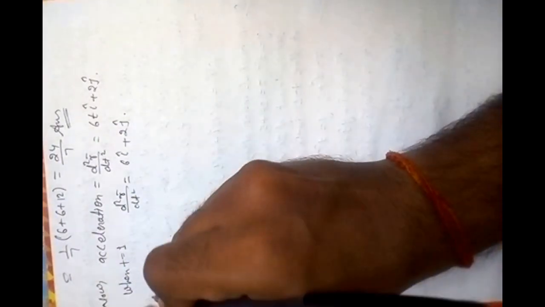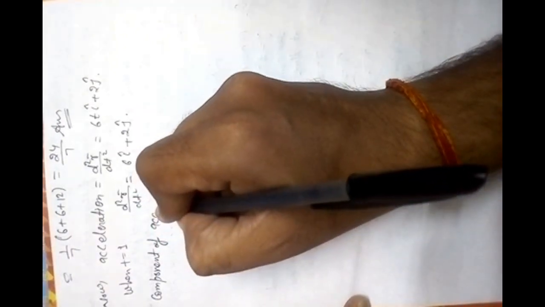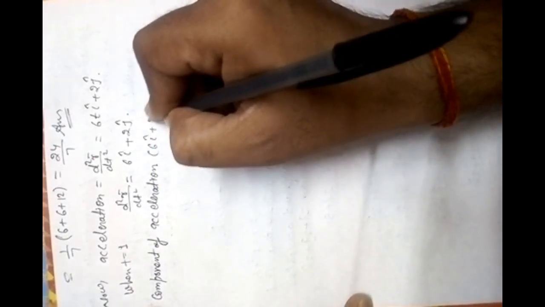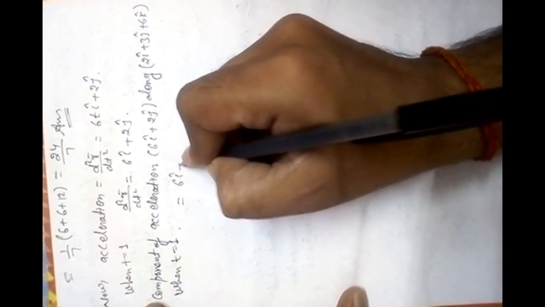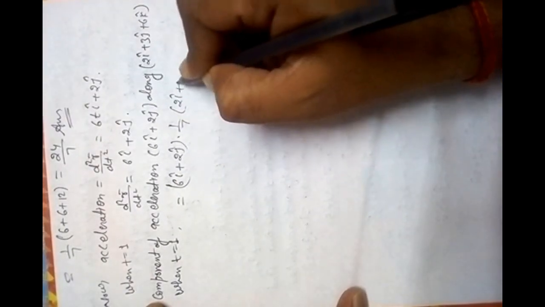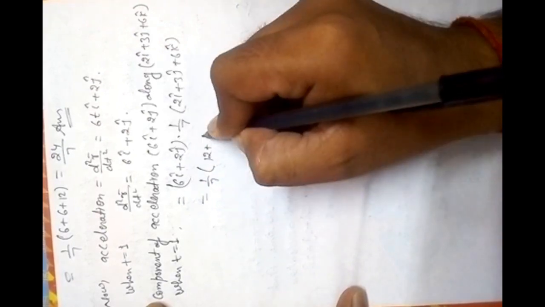So component of acceleration along the same direction when t is equal to 1: 6i plus 2j into 1 upon 7 (2i plus 3j plus 6k), which is 1 upon 7 into 12 plus 6, that means 18 upon 7.